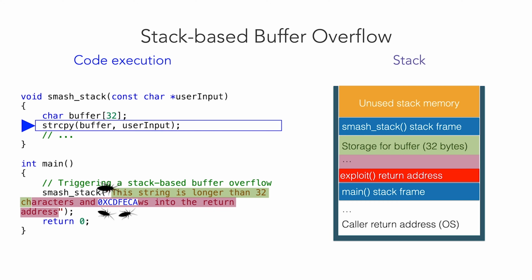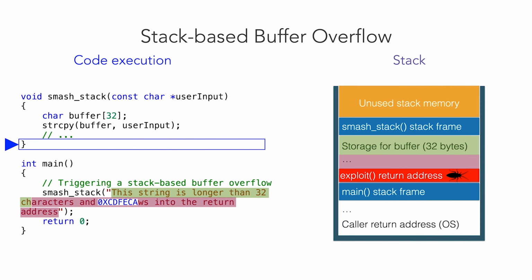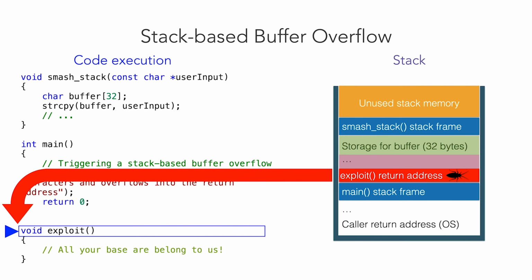When the function finishes execution, instead of jumping back to the main function, it will jump to the code provided by the attacker. Thus, by exploiting this buffer overflow vulnerability, an attacker could hijack the control flow of the program and make it execute arbitrary code. This could lead to a number of harmful actions such as data leaks, system crashes, or further system compromises depending on what the malicious code is designed to do.